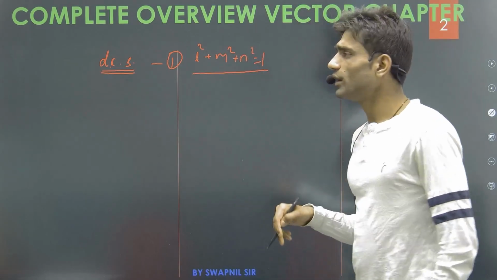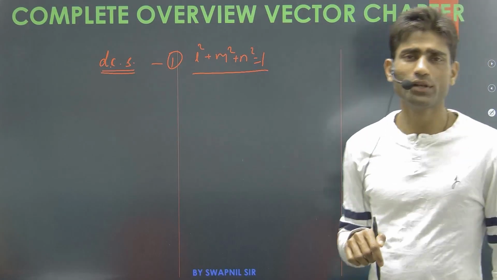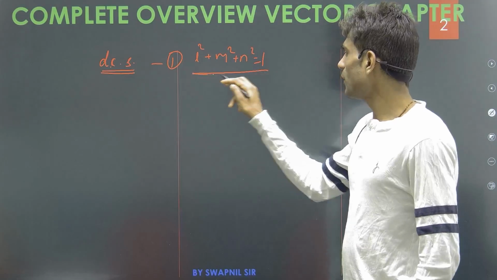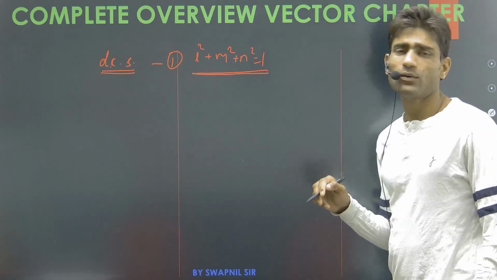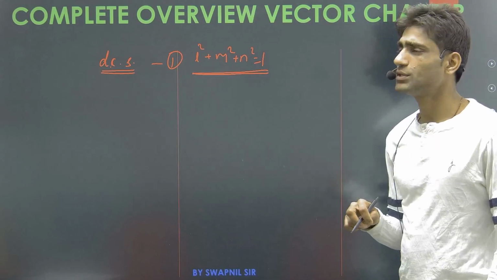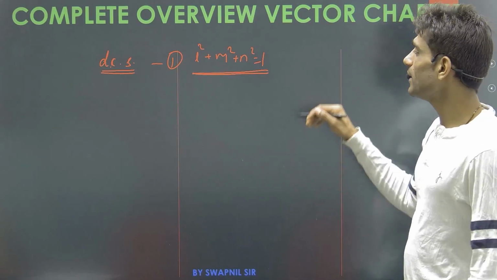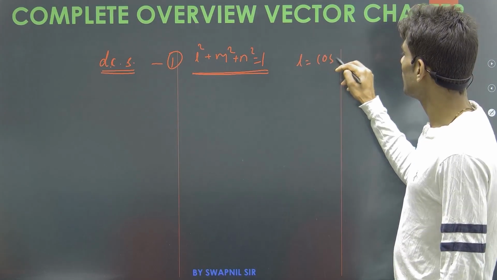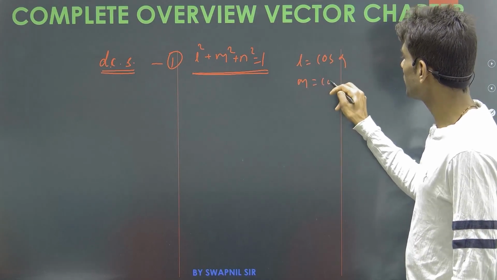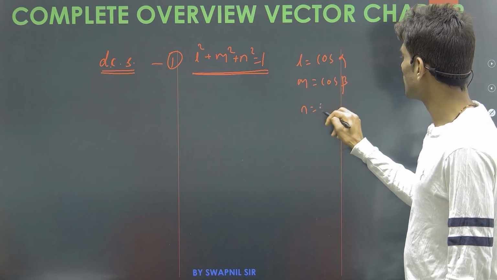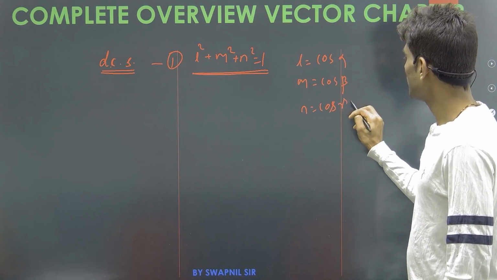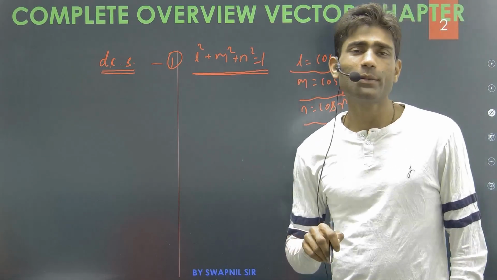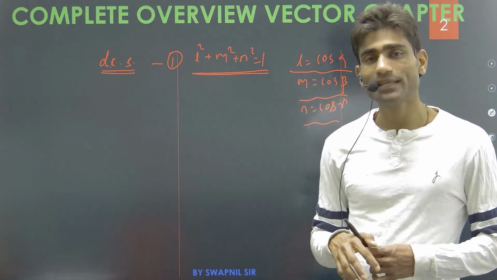The proof of that theorem I have already given in my previous lecture, so if you want to see that video, do check my playlist. This is the important result which we learned in our previous lecture: l square plus m square plus n square is equal to 1. The values of l, m, n can be represented as l equal to cos alpha, m equal to cos beta, and n equal to cos gamma.